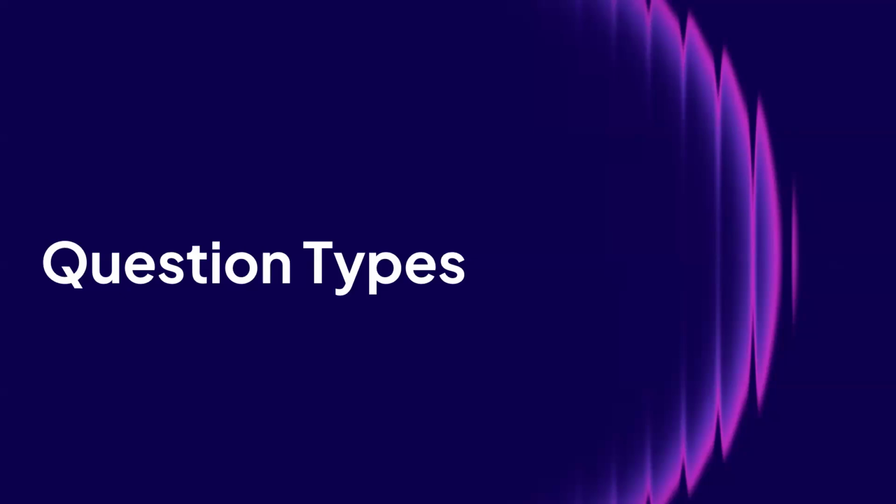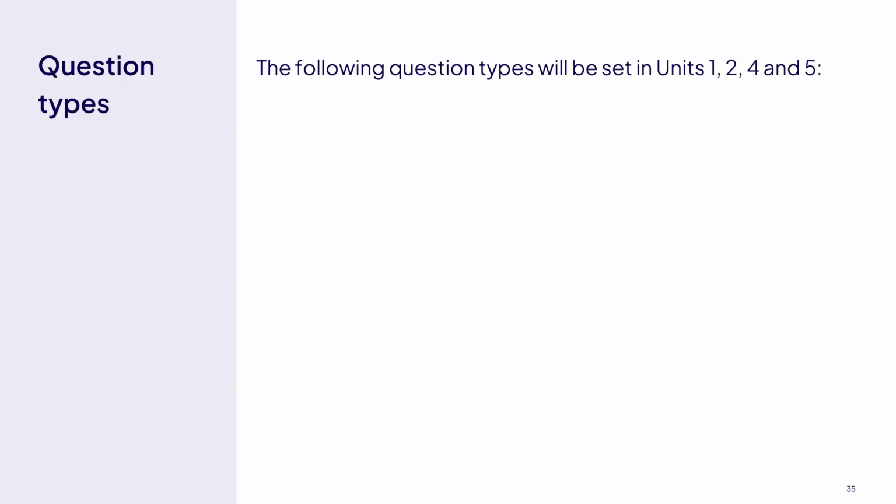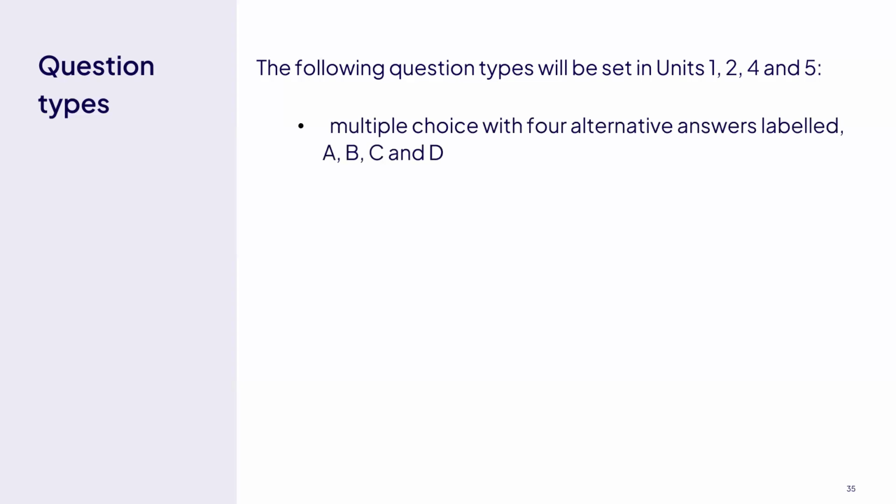Okay, so now we move on to the question types. The following question types will be set in Units 1, 2, 4, and 5, which of course I've already said are effectively the theory units. There will be multiple choice questions with 4 alternative answers labelled A, B, C, and D. There will be short response questions with a mark range from 1 to 5.